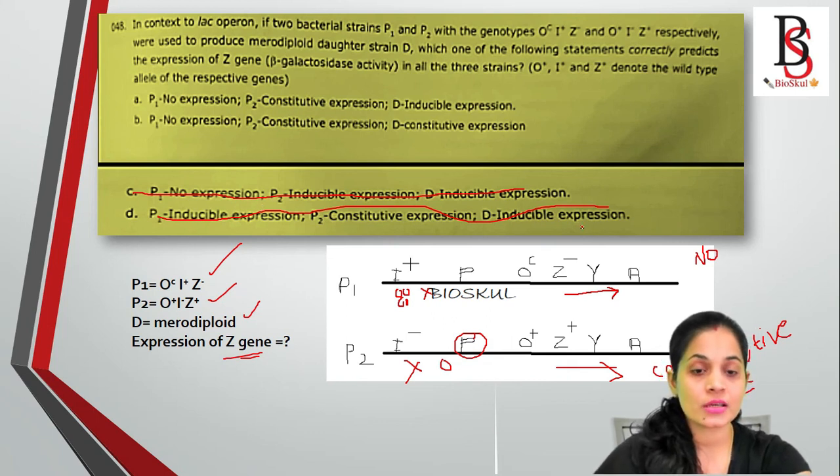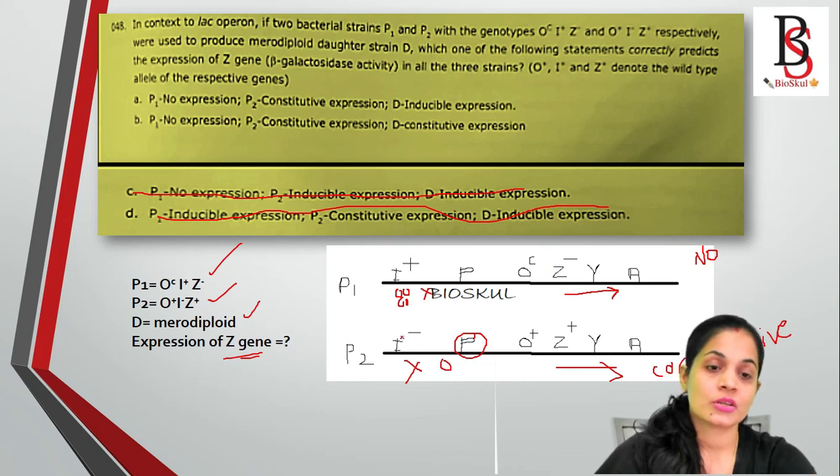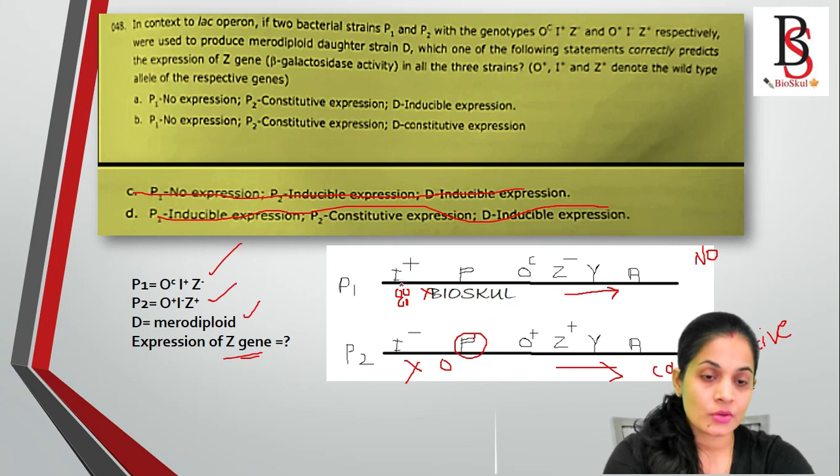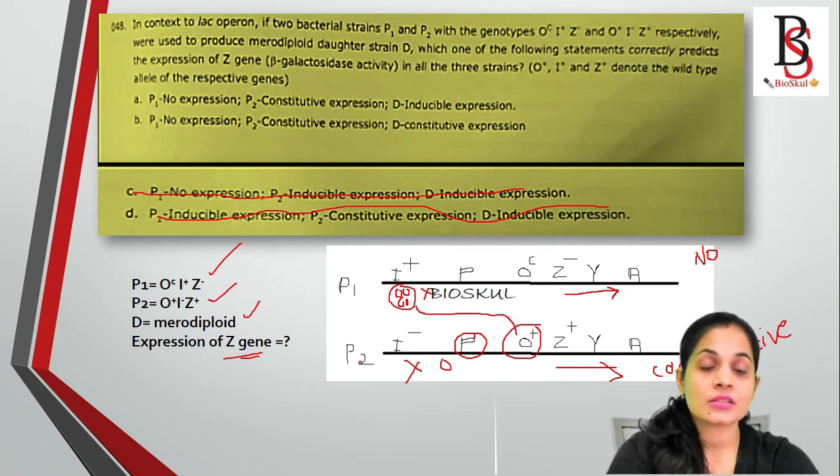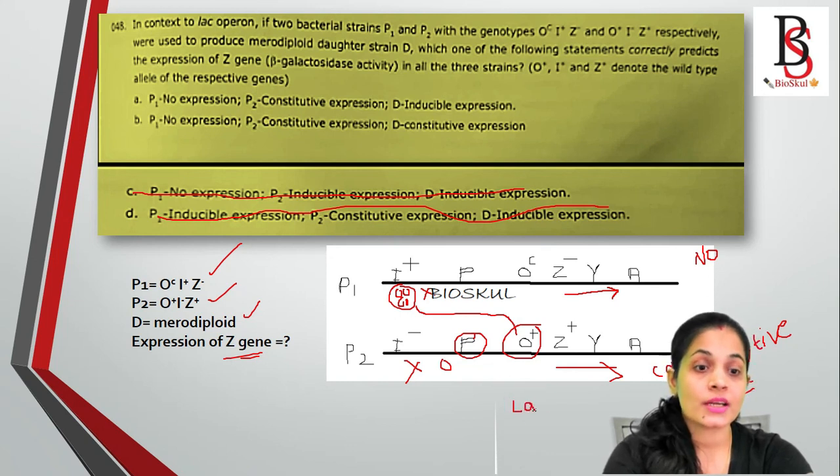So now we'll see the merozygote condition. In the merozygote condition, the repressor protein will be produced here, and this repressor protein cannot bind to this mutant operator, but this repressor can bind to the operator of the P2 strain. It will bind to the P2 operator if in the medium lactose, or the inducer allolactose, is absent, right?